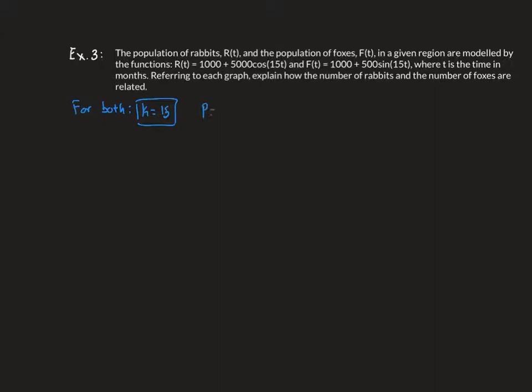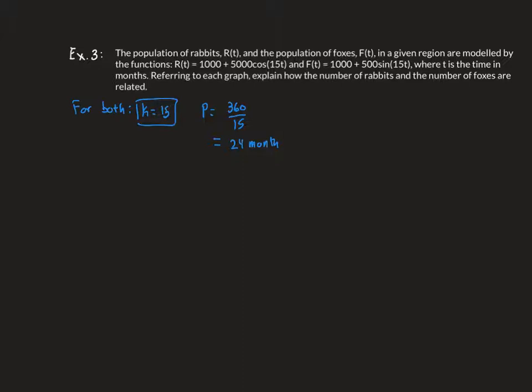So what's my period? My period would be 360 divided by 15, which would be 24 months. So they both go along 24 months. So in this case, you're going to have to graph it. So let's do that. Let's take our graphs.